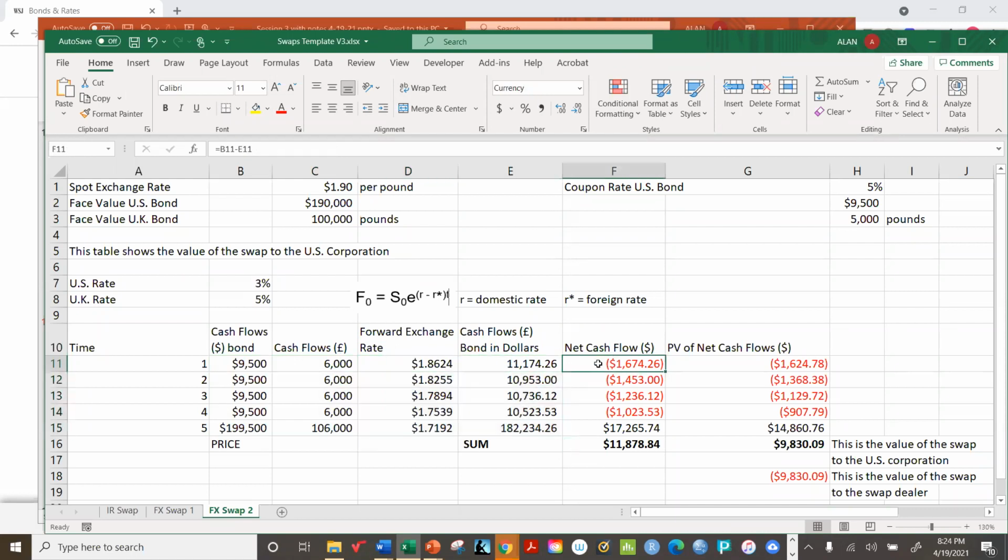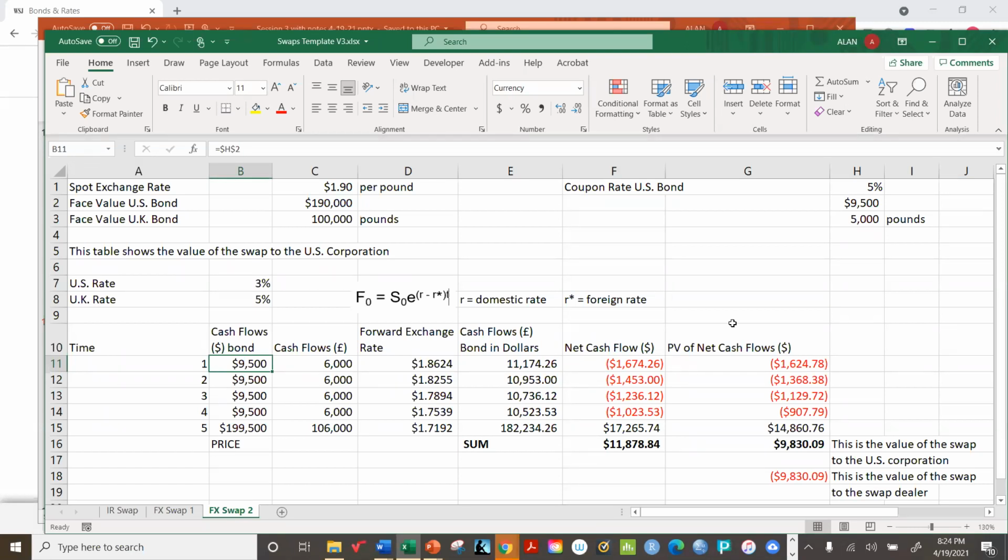And then the net cash flows are just the difference between the two, just like we had before. Because remember, the US corporation is long the dollar bond and short the pound bond. And then, of course, you must never forget that you ultimately need to calculate present values rather than the actual cash flows, because that is what's relevant, the present value of those future cash flows.